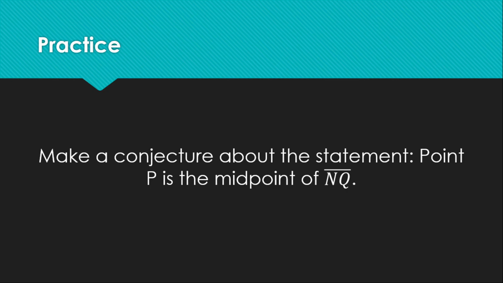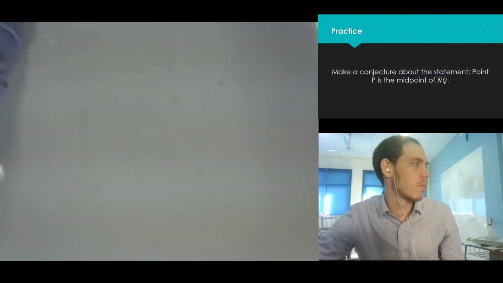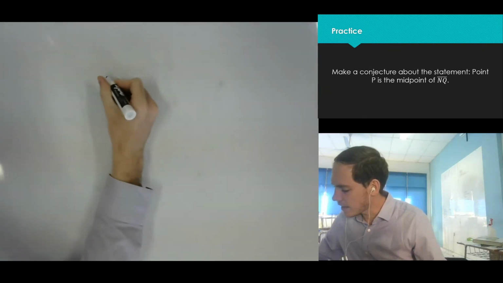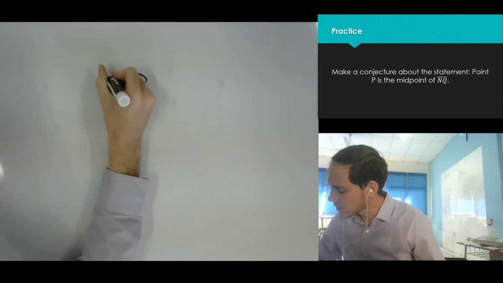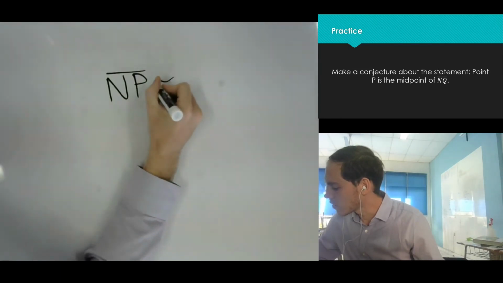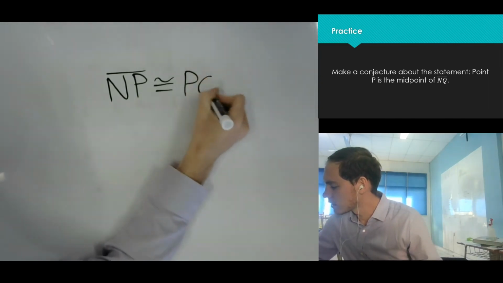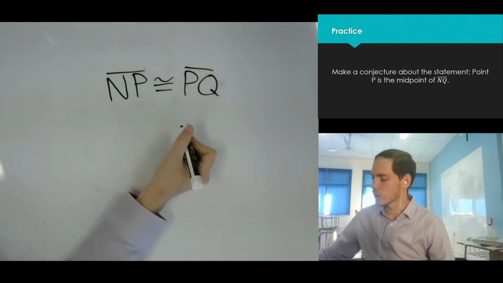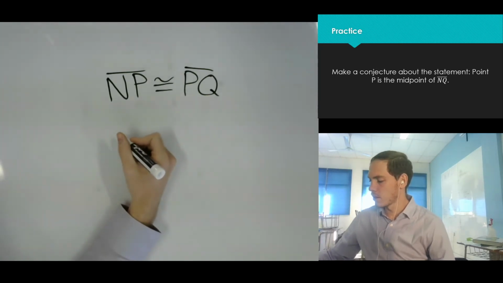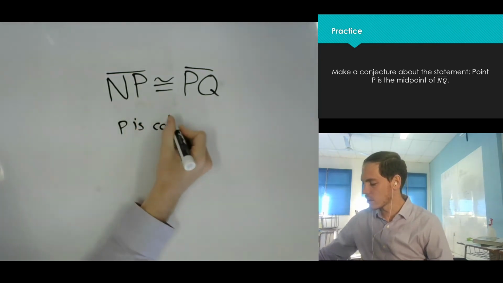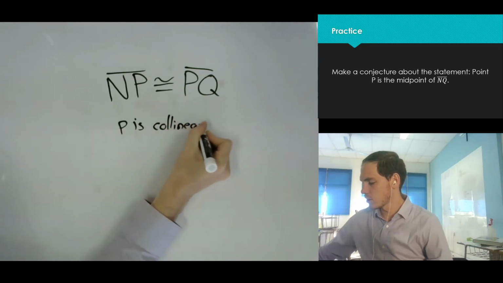It'll take just a second, okay? Point P is a midpoint of NQ, okay? So that would mean that NP, this line, is going to be congruent to PQ, but also that P is collinear with NQ.